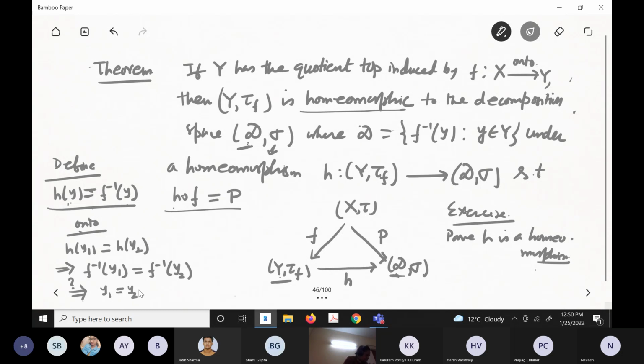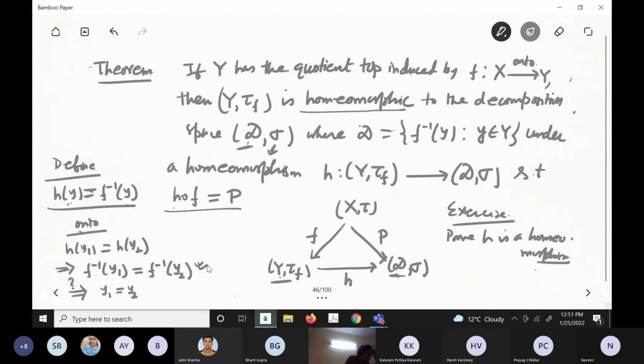This is the thing. Wait a minute. H(y) equal to f inverse y. H(y1). Here you should understand that also. What does it mean?